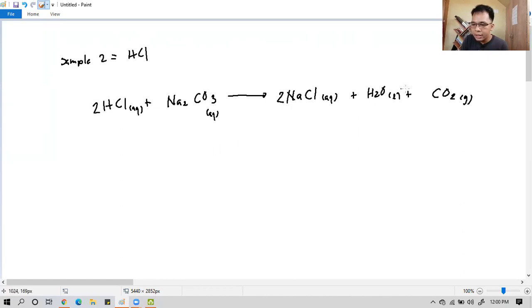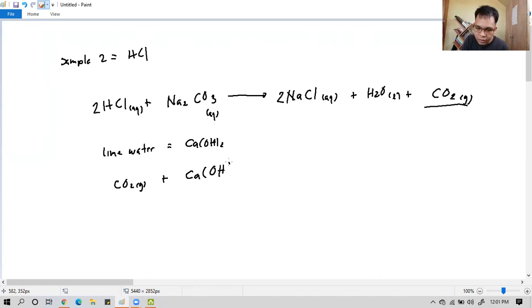So that is what happened. Now, about this CO2, guys, our lime water is calcium hydroxide. Once we mix our CO2 gas with the lime water, or calcium hydroxide, we generate calcium carbonate, which acts as a precipitate because it has minimal solubility, less solubility in water than our calcium hydroxide.